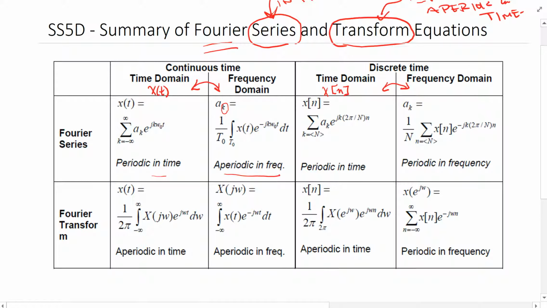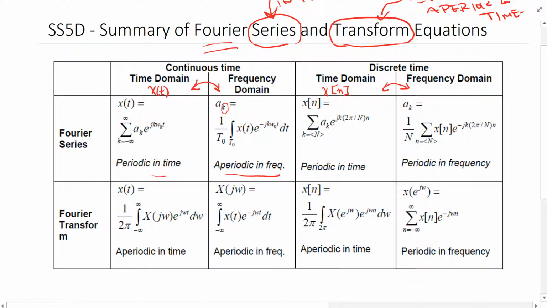As we discussed on the Fourier series side, you have to worry about convergence and all those issues. In discrete time, you don't really have to worry about it, because your a of k is periodic, so it always converges. Periodic means it has a defined period, and you don't go from minus infinity to infinity, so you don't have to worry about things blowing up and not converging.